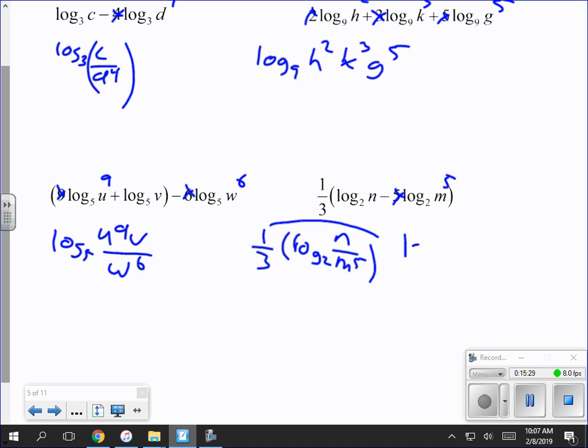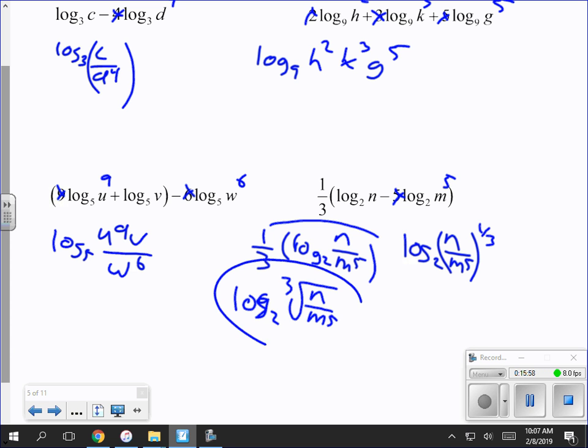So I get log base 2 of n over m to the 5th to the 1/3 power. Going back to last chapter, 1/3 power means that I'm doing what? Cube root. So this is the log base 2 of the cube root of n over m to the 5th. That's what you want for your final answer.